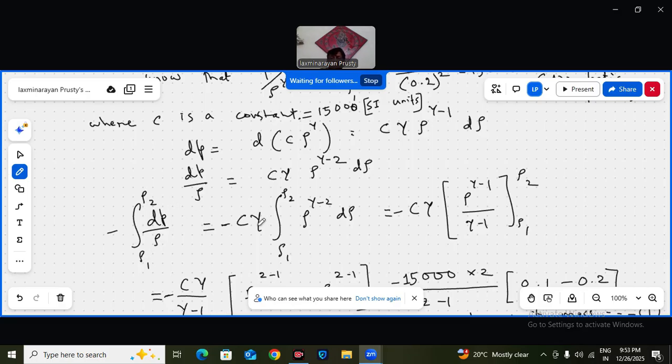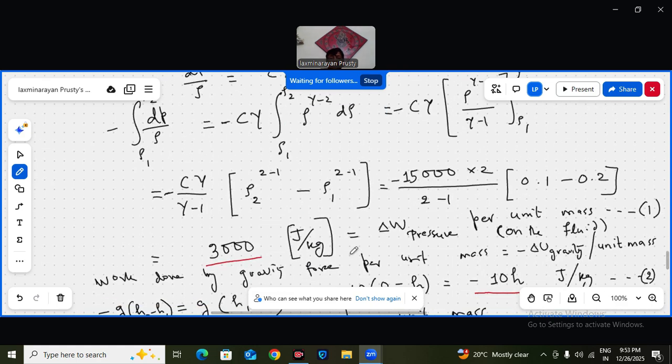This is minus C gamma rho to the power gamma minus 2 d rho, from rho 1 to rho 2. So that will be minus C gamma rho to the power gamma minus 1 by gamma minus 1, from rho 1 to rho 2. So now you see, minus C gamma by gamma minus 1 into rho 2 to the power 2 minus 1 minus rho 1 to the power 2 minus 1. So minus 15,000 into 2, because C is 15,000 I have found out, divided by gamma minus 1, which is 1, into 0.1 minus 0.2.